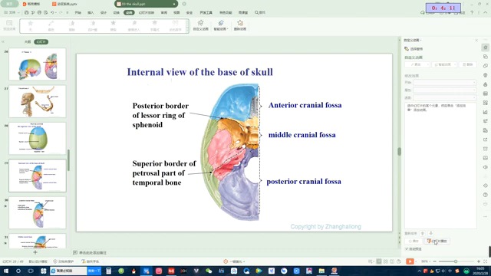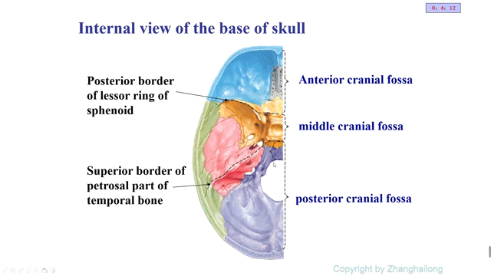Now we'll study the internal view of the base of the skull. Let's see what structures are on it. First, we can divide the base of the skull into three fossae of different depth. The anterior fossa is very superficial. The middle cranial fossa is deeper, and the posterior cranial fossa is deepest.